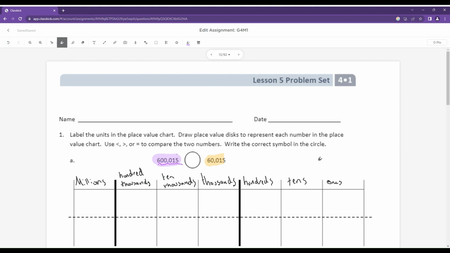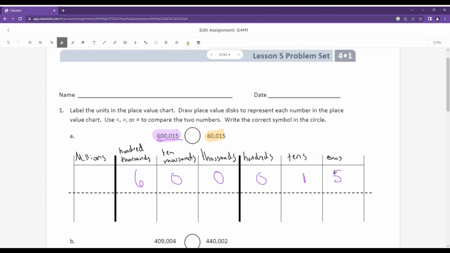So we have a 5 in the ones place, a 1 in the tens place, no hundreds, no thousands, no 10,000s, and we have a 6 in our 100,000s. For our other number, we have also a 5 in the ones, a 1 in the tens, no hundreds, no thousands, but we do have a 6 in the 10,000s.